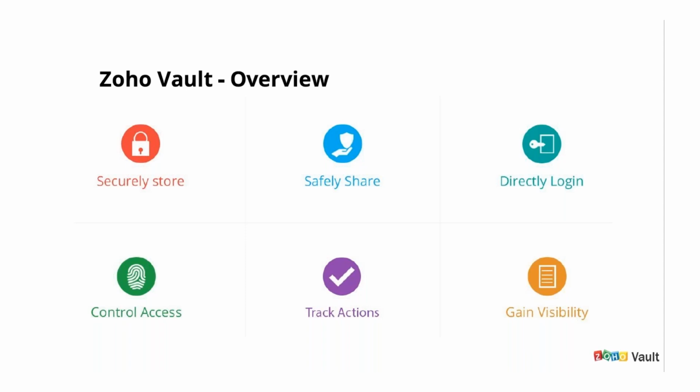And finally, the gain visibility option covers the different types of extensive reports that you can view on what's happening inside Vault in the form of a chart or a pictorial representation. So let's say you want to monitor a particular user's activity within Vault and see all the password categories he or she accesses on a regular basis.